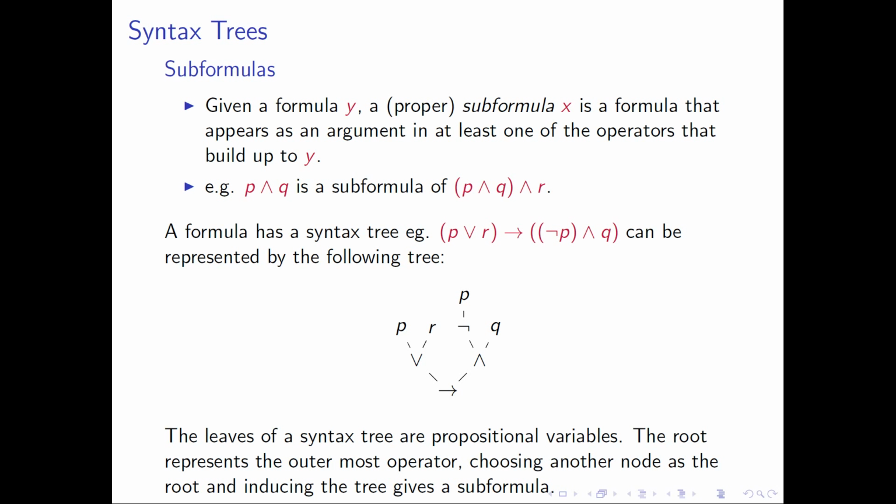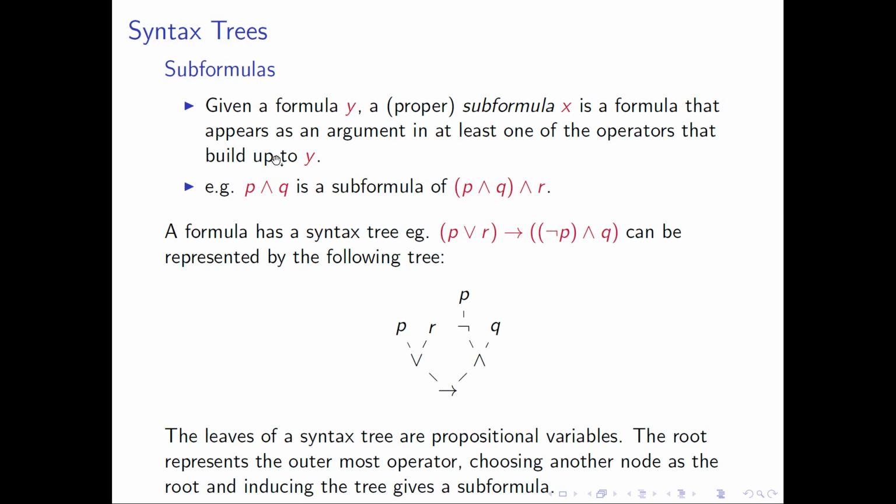Given some formula y, we can find a subformula x by looking at the components of y, so the components of each of the operators of y. For example, P and Q is a subformula of this larger formula here, because this P and Q is bracketed as part of this formula.